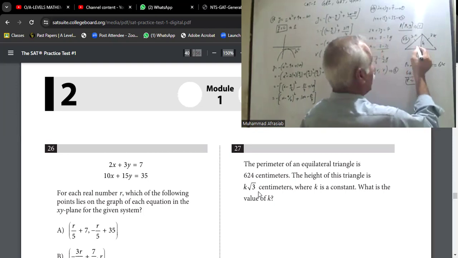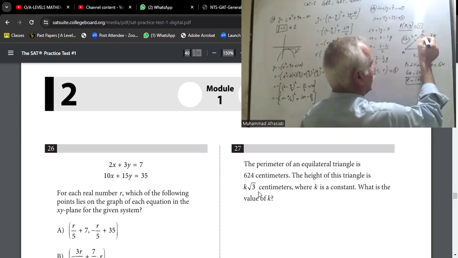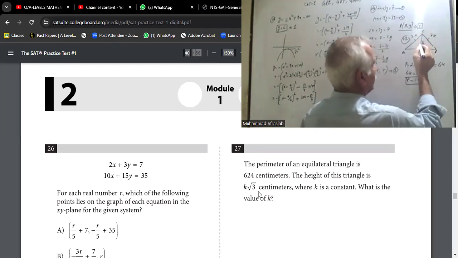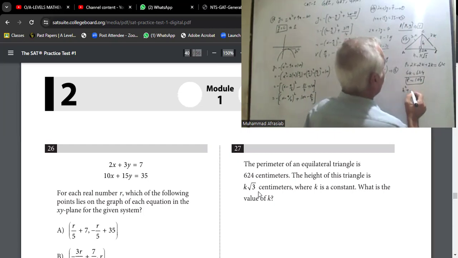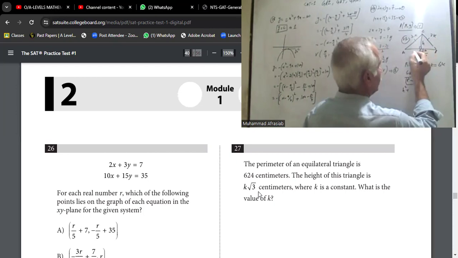Now, let's say A, B, C is the triangle, and D is this midpoint. Then, using the Pythagoras theorem, h square plus, because it is an equilateral triangle, so this will be the k side. So that will be combined together is equal to 2k.